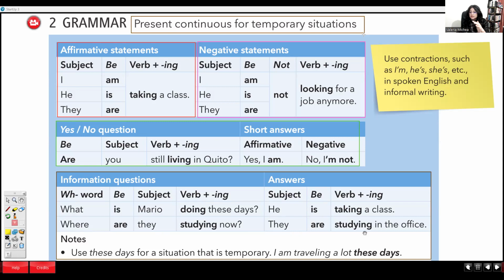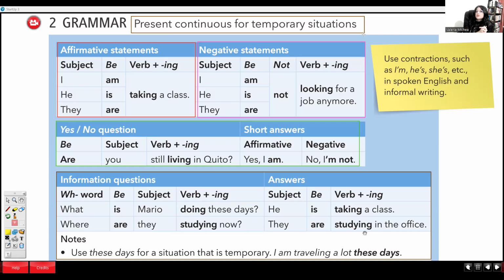This class started half an hour ago, but now in the present is happening. It's in progress. Okay, so we are having classes right now. That's the present continuous for actions that are in progress in the present.